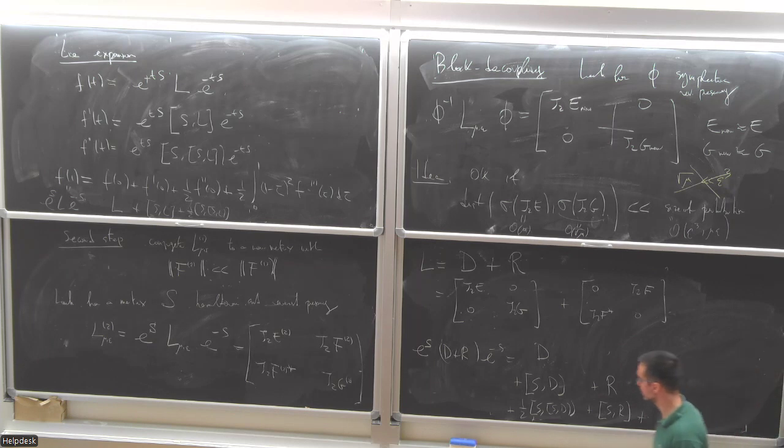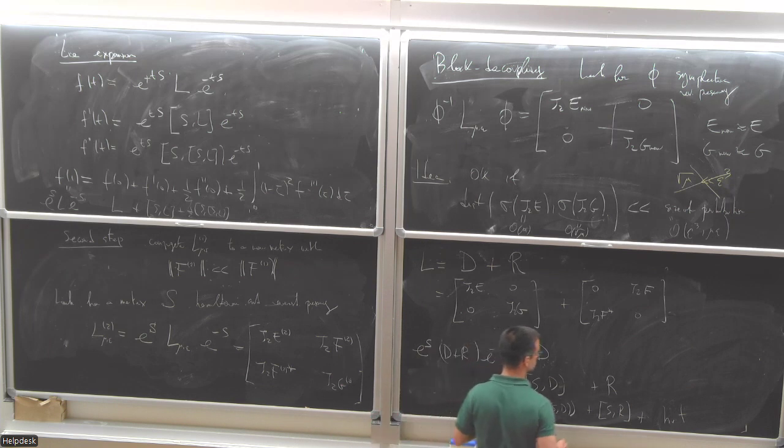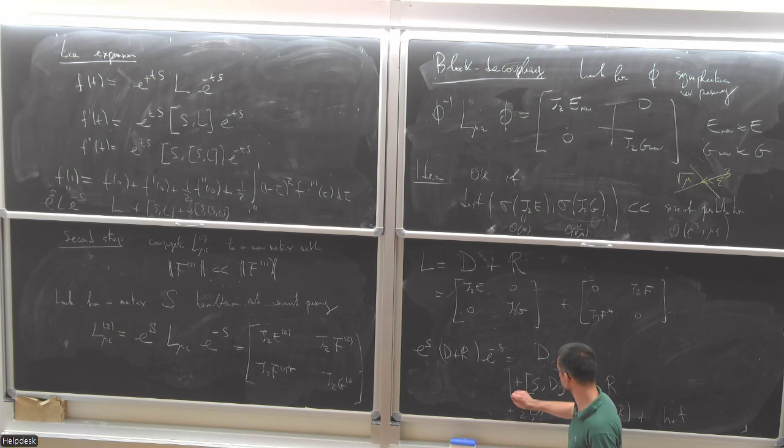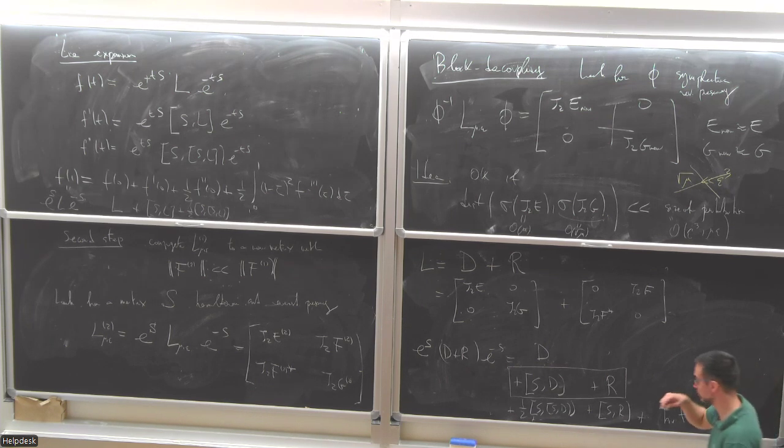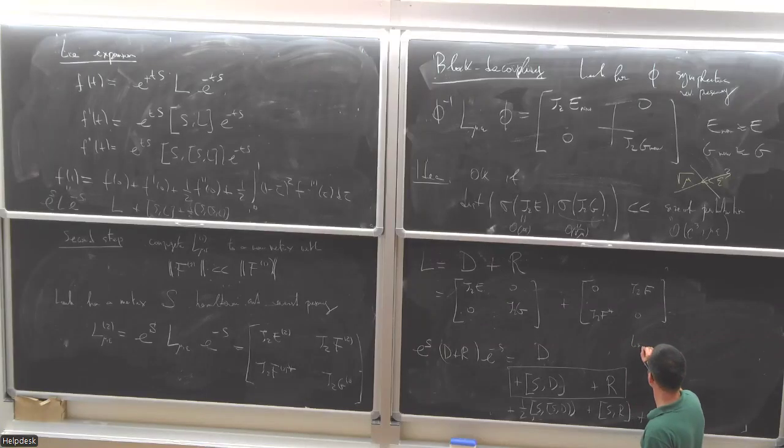And why do I write it in this way? Because I look for S. I want to look for S in such a way that this is 0. So look for S, a matrix.